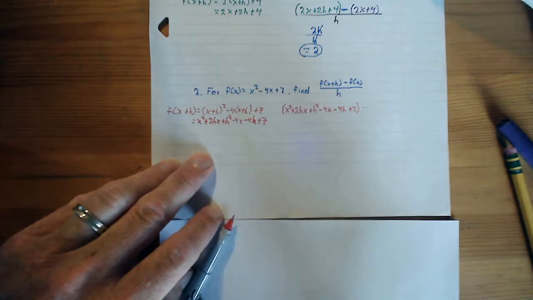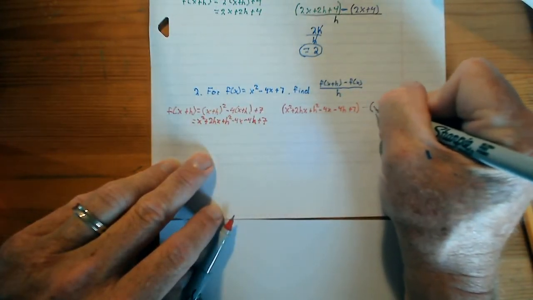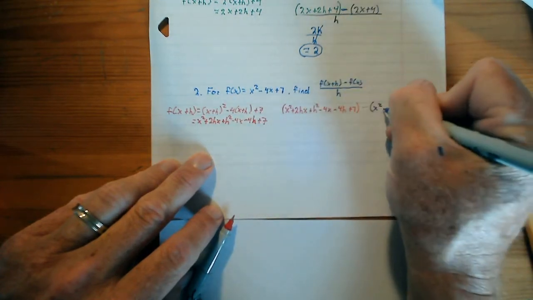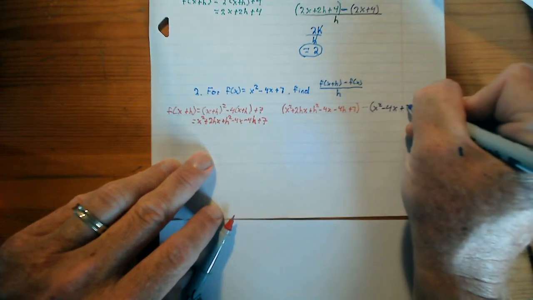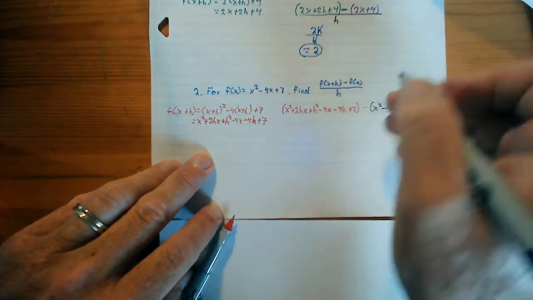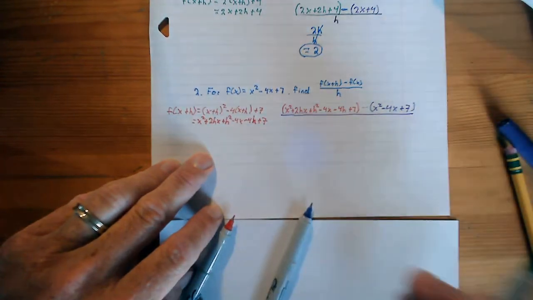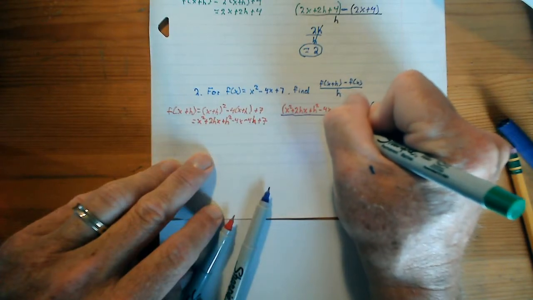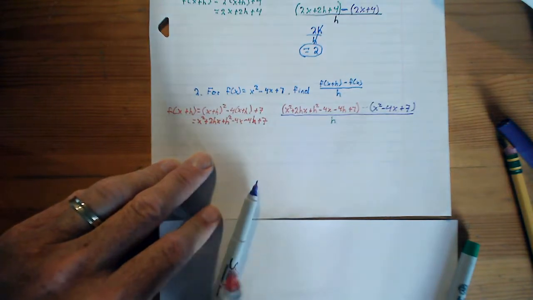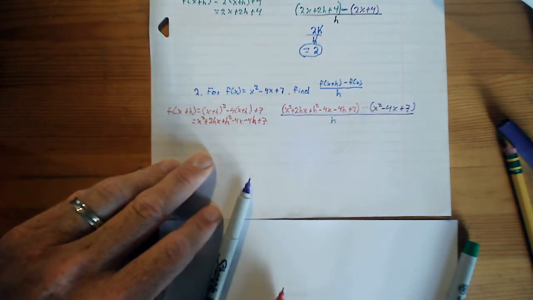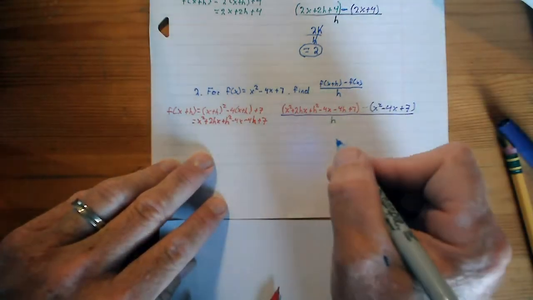Minus. And what is f of x? I've already given that. X squared minus 4x plus 7. And this is all over h. Let's simplify this numerator, okay? How do I do that? Okay, let's do it this way. I'm going to drop the parentheses.